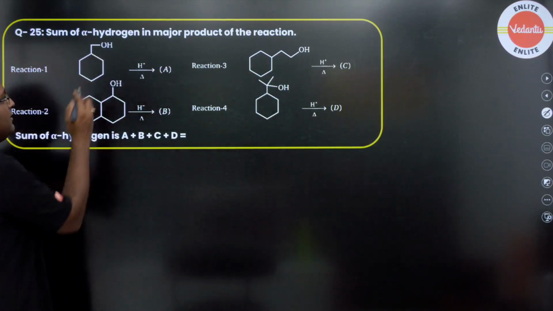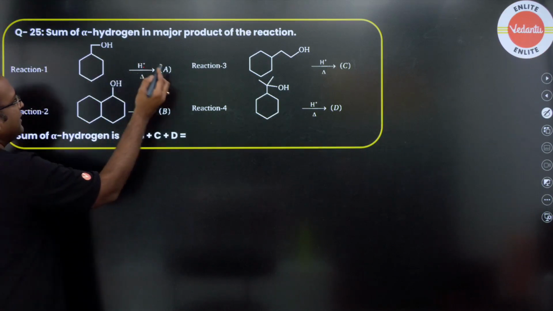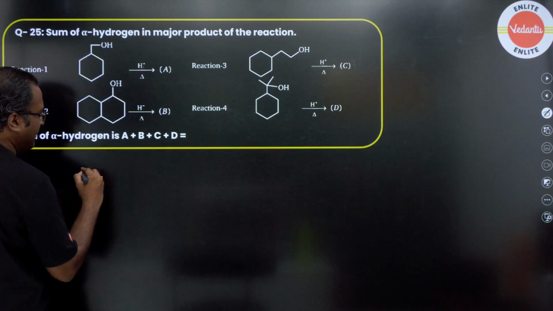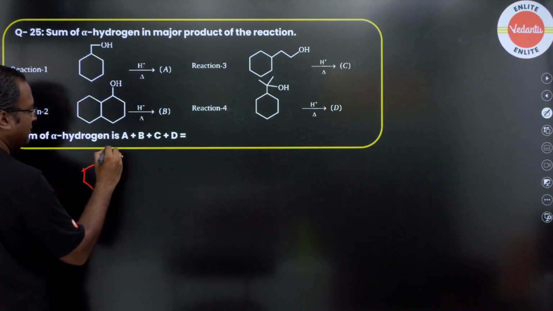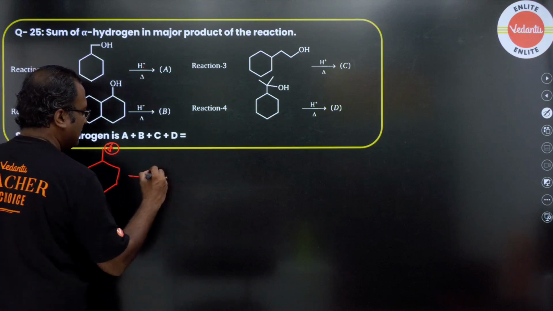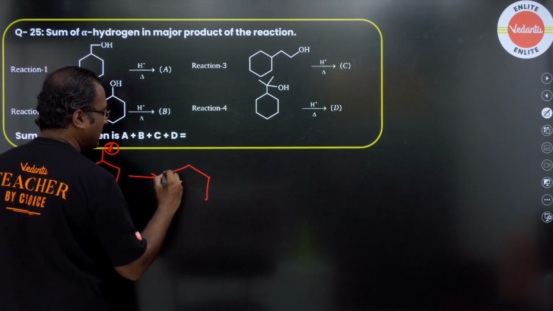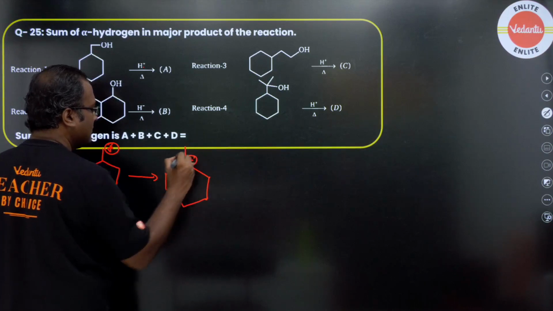What will be the product in the first case? If we talk about the first case, H plus is present here. Definitely we will get a carbocation. What kind of carbocation? OH minus goes away as water and we get a carbocation here. This carbocation will surely undergo migration to become more stable.